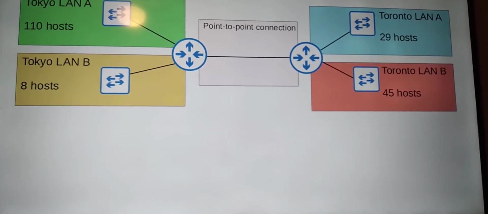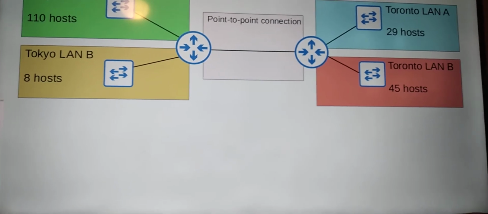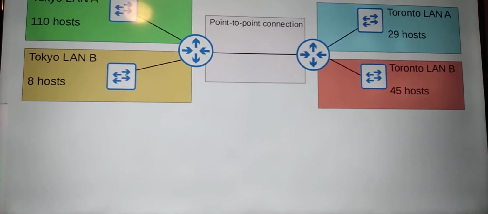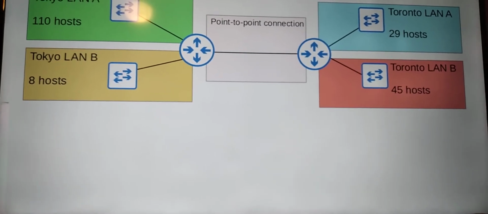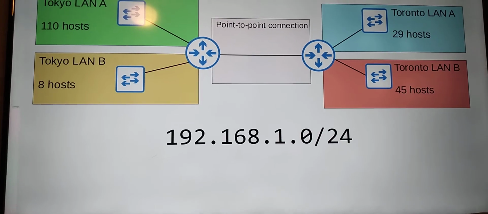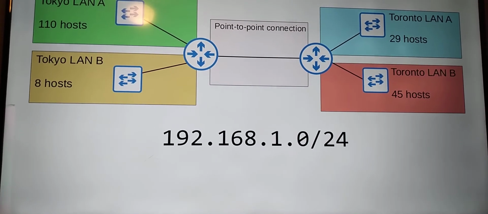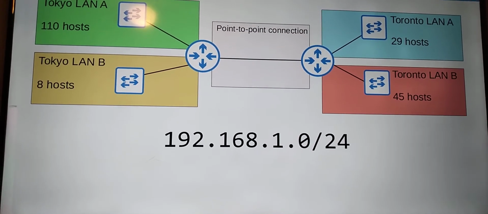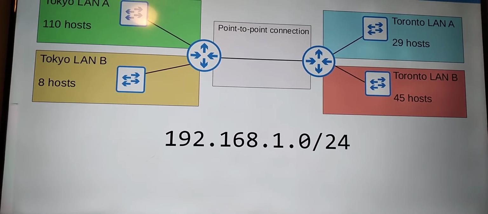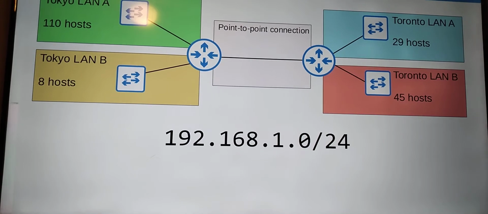Also, there is a point-to-point connection between the two routers that we will assign IP addresses for, and we are assigned the 192.168.1.0/24 network.